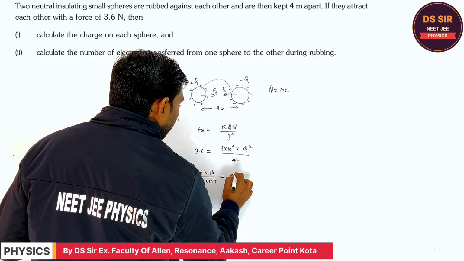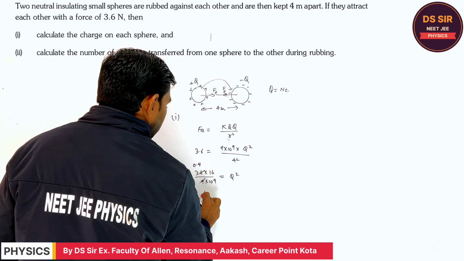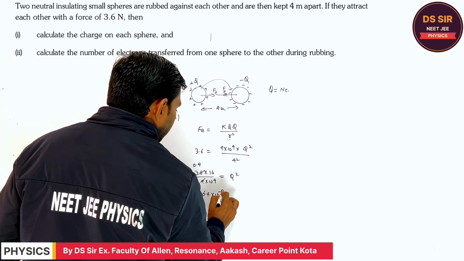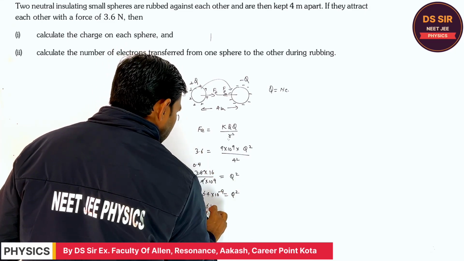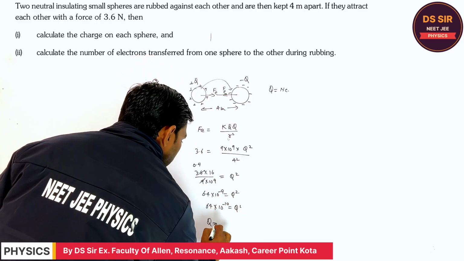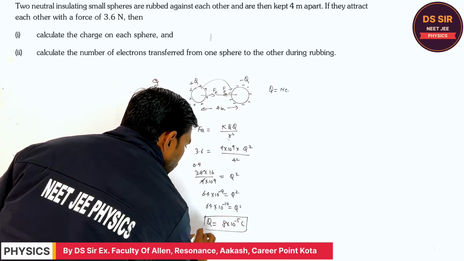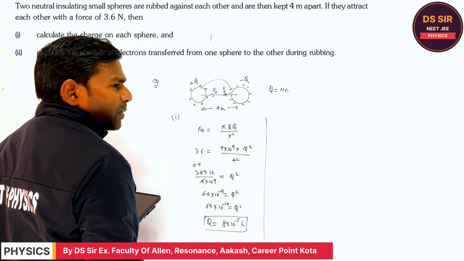If you simplify, you will get the answer. This is 6.4 into 10 to the power minus 9 q square. This is 64 into 10 to the power minus 10 equal to q square. So the q value is 8 into 10 to the power minus 5 Coulomb. So this is the charge on each sphere.